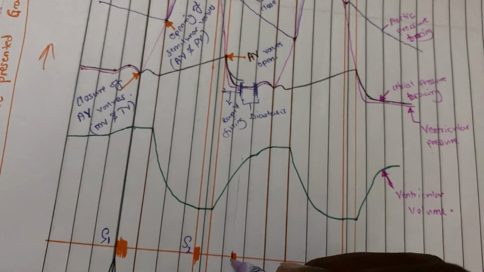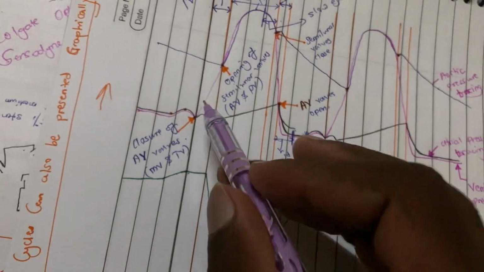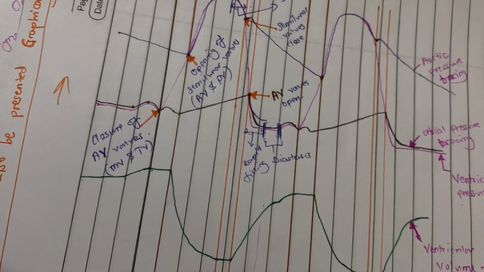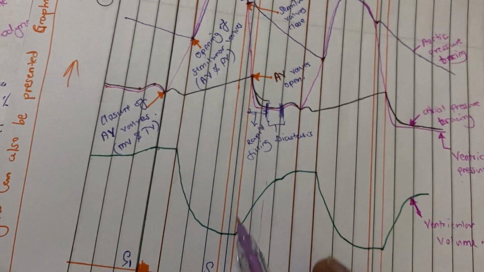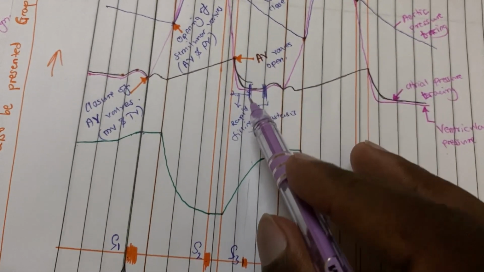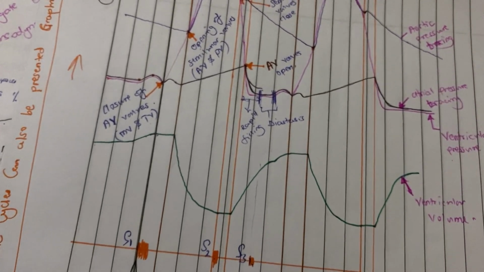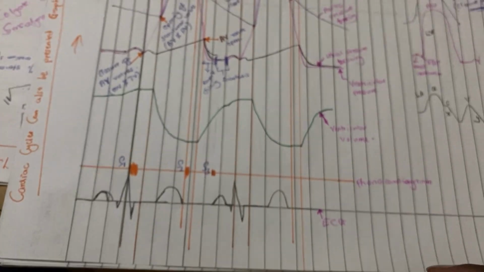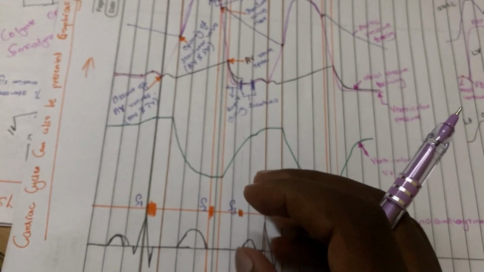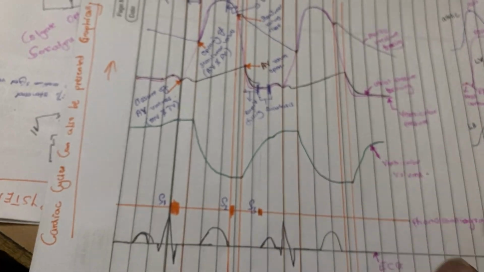Closure of mitral valve, for example, produces S1. Closure of aortic valve, for example, produces S2. Partial closure of mitral valve produces S3 and then S4. S4 is pathologic, and we don't need it. S3 is also a bit pathologic, but it can be there in young people, and it's a normal finding in young people.